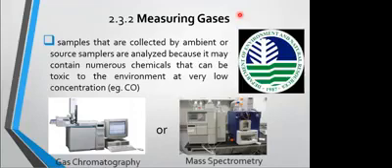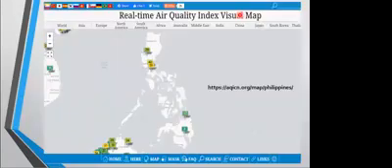So it will be measured through gas chromatography and/or mass spectrometry. So this is just an example of a real-time air quality index in the Philippines. This is a recent result, in which the yellow-green color is interpreted as good.